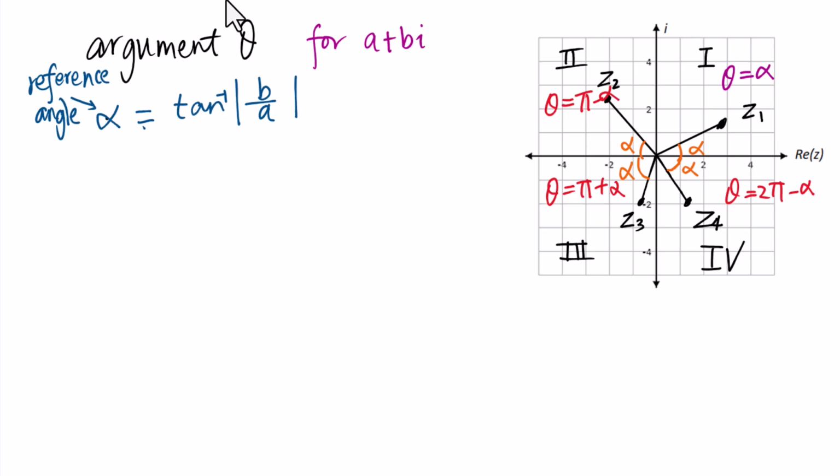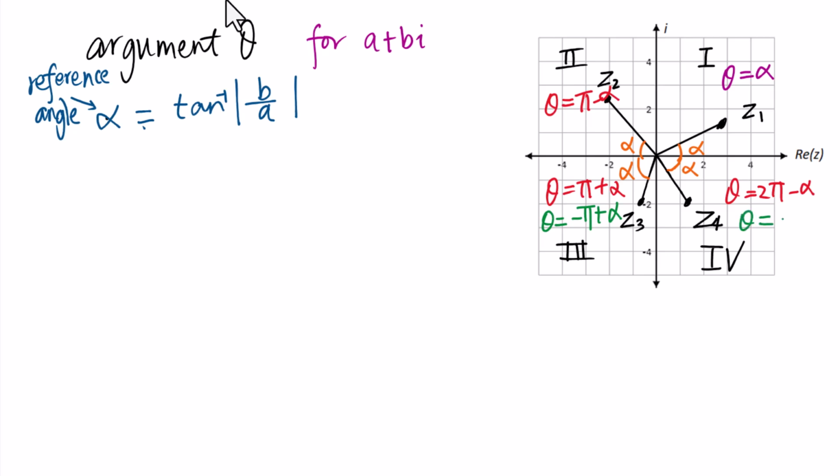We can also show the negative argument for the complex number in third quadrant and fourth quadrant. Theta equals negative pi plus alpha.